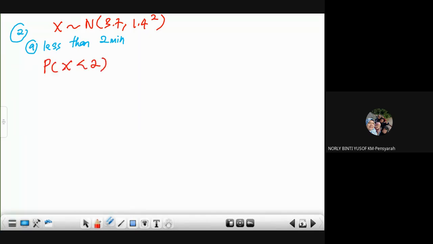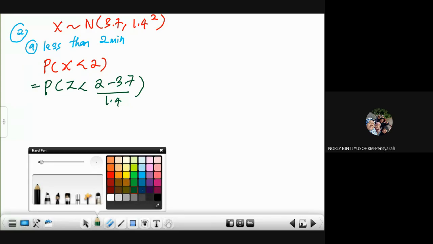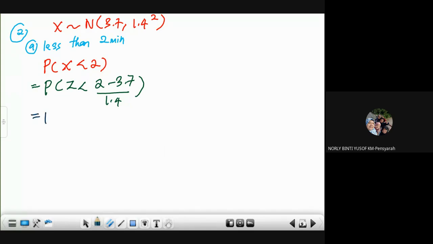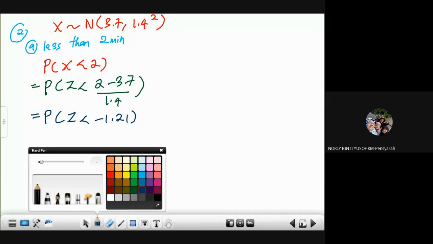Then kita standardize the score Z. Z lesser than 2 minus 3.7 divided by 1.4. Standard deviation lah. So score Z yang you simplify adalah lesser than negative 1.21. So sama, simbol lesser kita tak boleh baca kan.